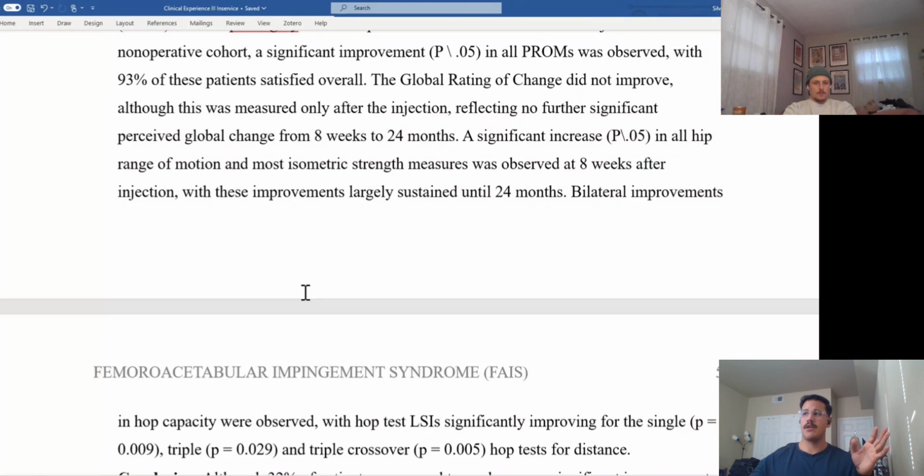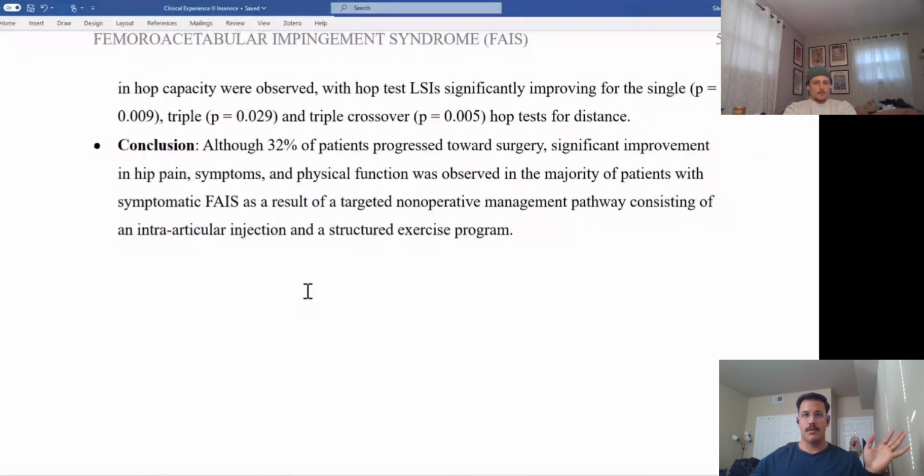Scroll down. So at the end of their study, they found that 32% of patients progressed towards surgery, but they had all had significant improvement in pain, symptoms, and physical function prior. And the ones that did not progress to surgery had a very great result, basically avoided surgery and didn't have to involve themselves with more invasive care.